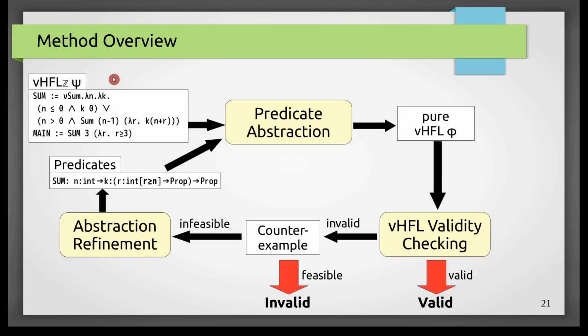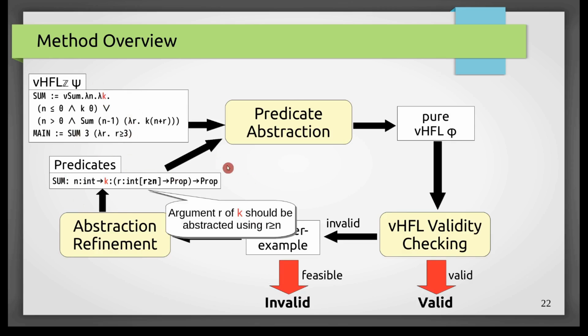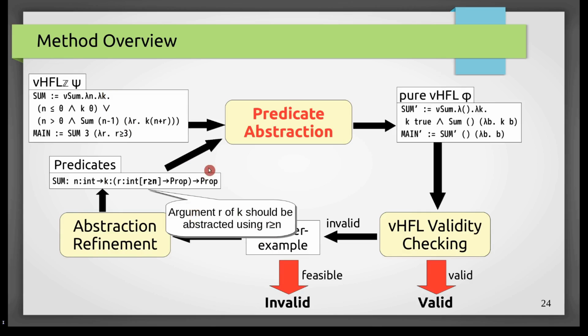Let's see an example. Let psi be the formula shown in the previous slides. As an initial predicate, we use this one, which means that the argument R of k should be abstracted using the predicate R no less than n. The result of the predicate abstraction is this formula.